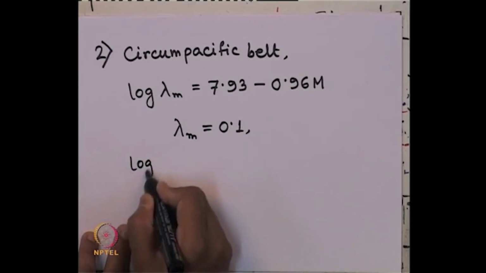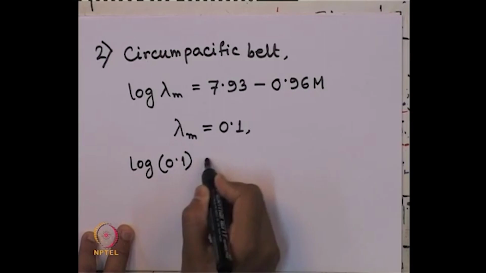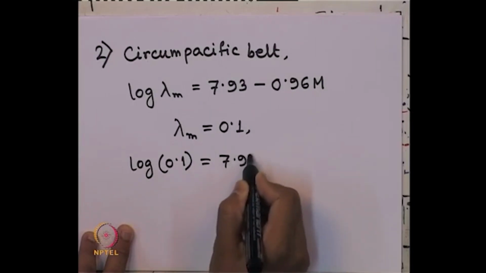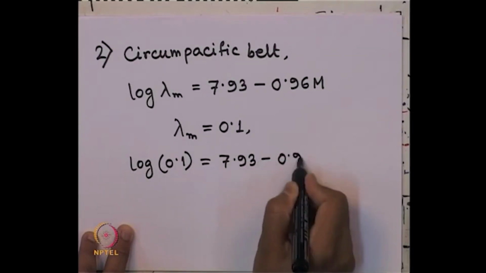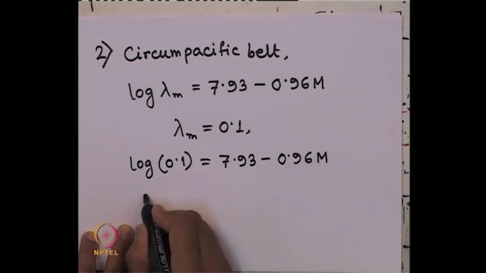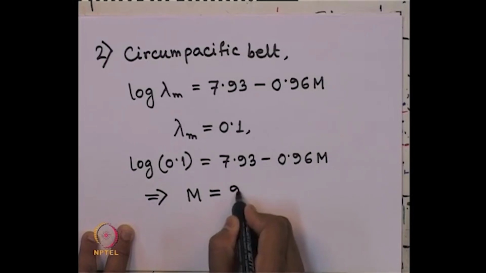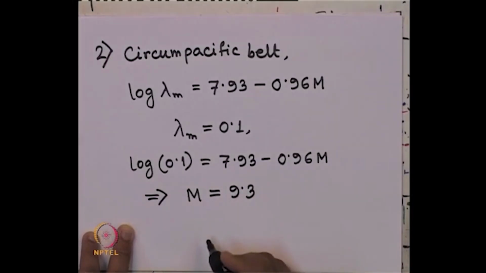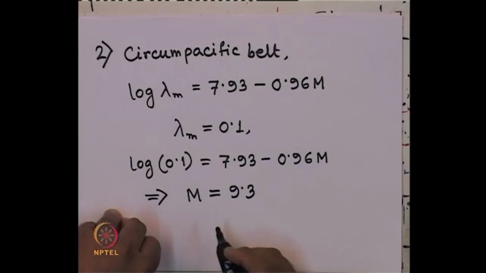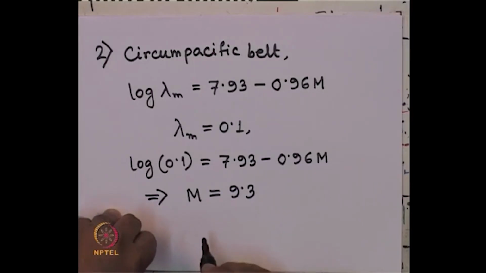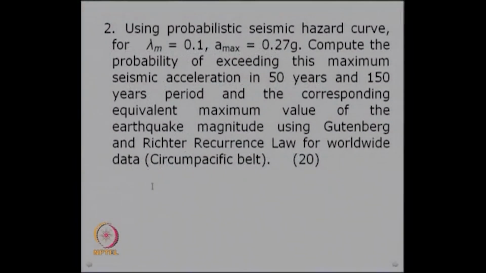So, log of 0.1 equals 7.93 minus 0.96 of m. By solving this we get the m value as 9.3. That is the first part of the answer. Okay. Now, with this magnitude, the next question is, in a 50 year period and in a 150 year period, what is the probability of exceeding this value?